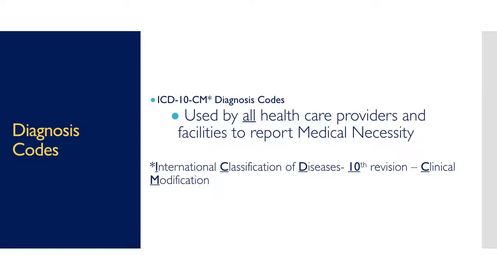ICD-10-CM diagnosis codes are used by all healthcare providers in all locations, all facilities, and everybody uses them. So that makes it easy because you can know that you will be learning one diagnosis code system to report why the patient needed care and why the physician provided that care.